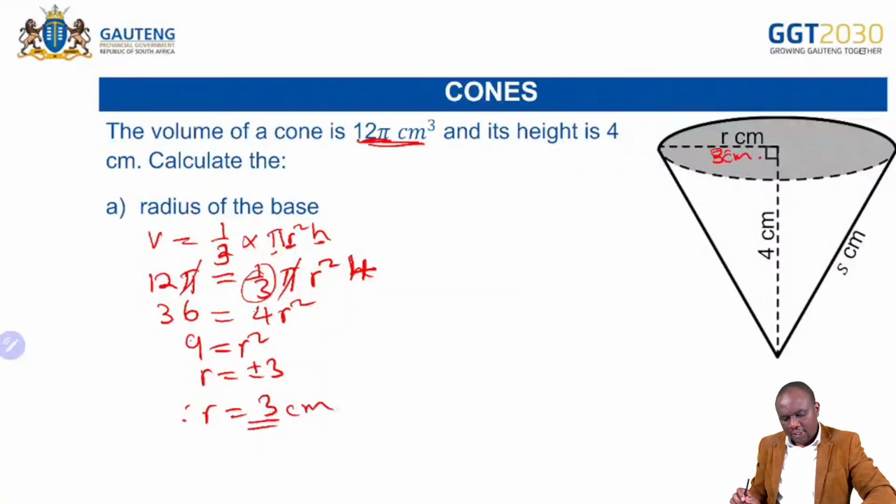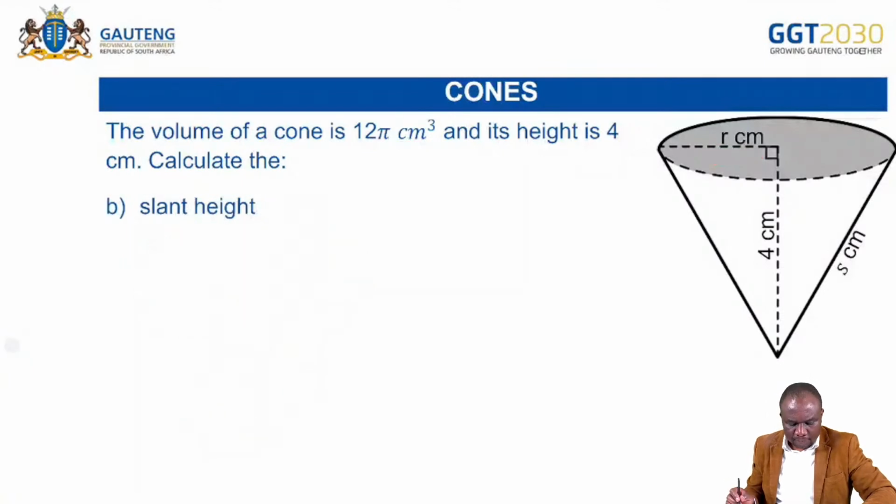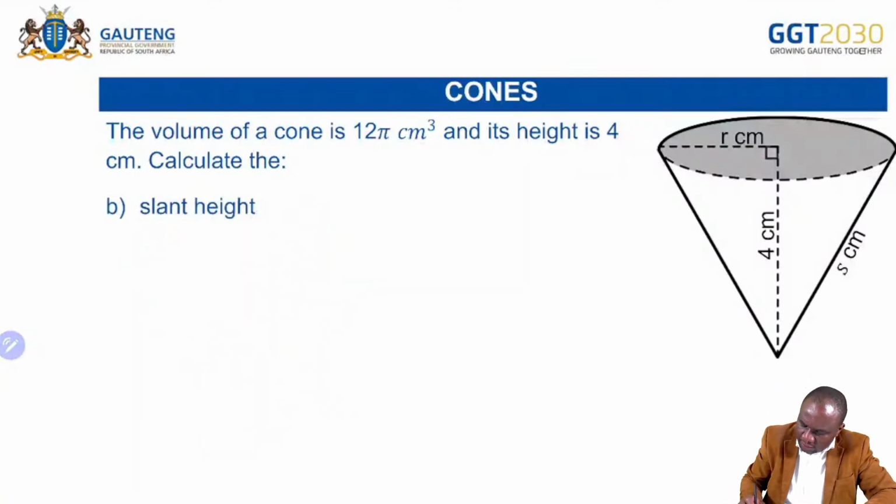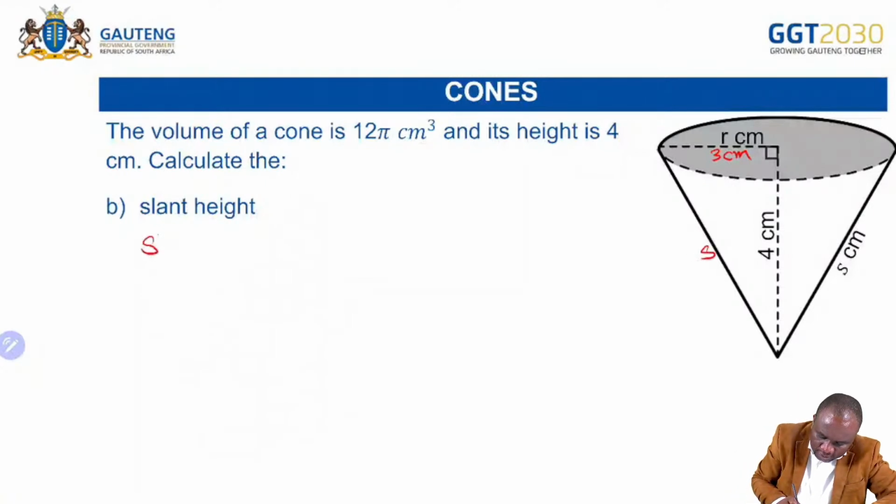Okay, right. So now the second one, B, the slant height. Now we have 3 centimeters. We did something like this. The slant height is the hypotenuse. So slant height squared is equal to 3 squared plus 4 squared because of Pythagoras.